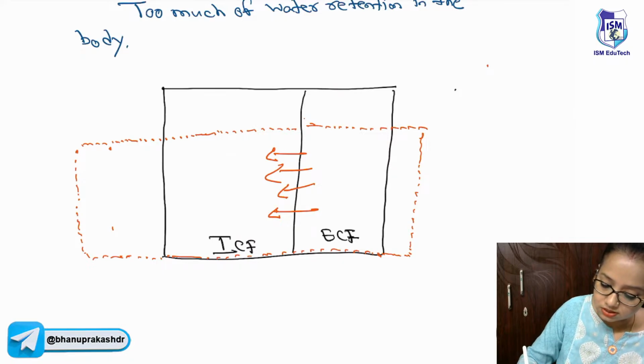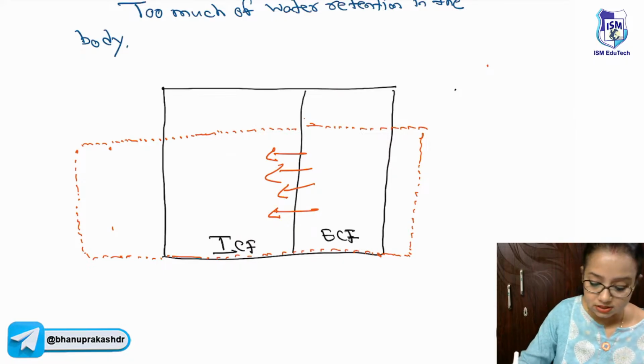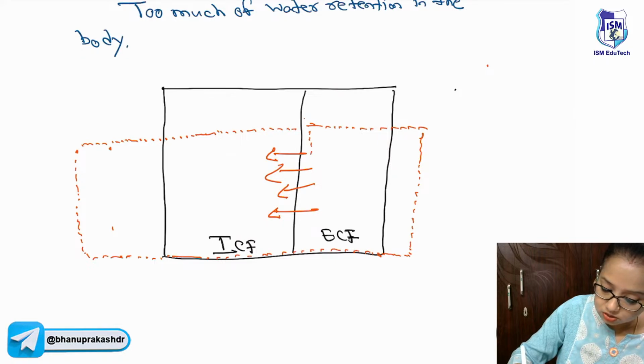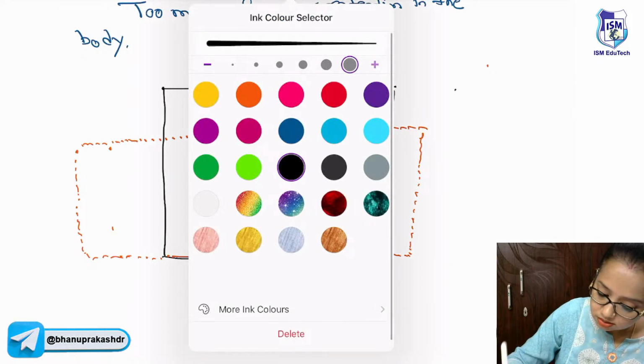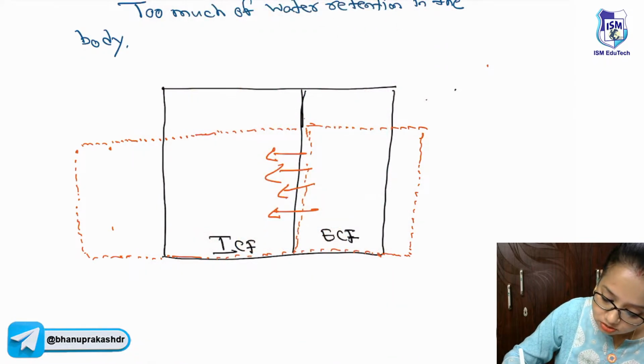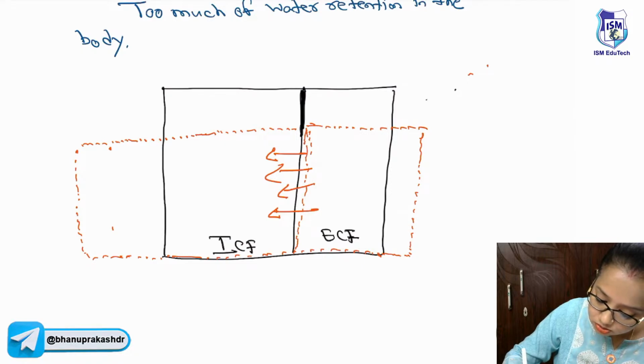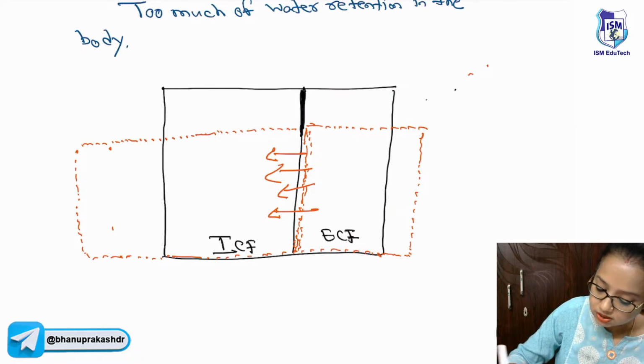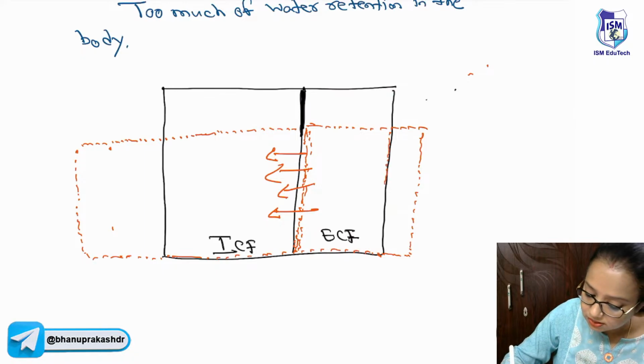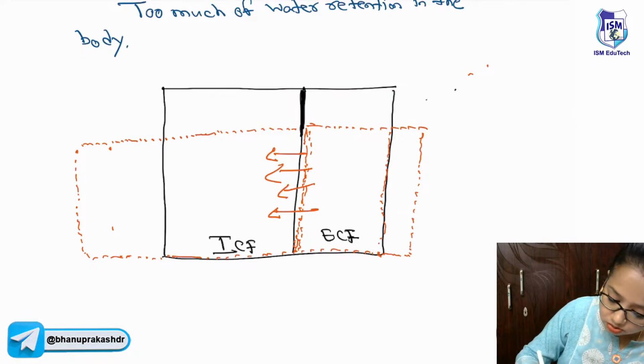The osmolarity has also decreased. It is not as tall as this anymore, right? Rather, it has decreased to this. So osmolarity of both the ECF and ICF decreases. It goes down.